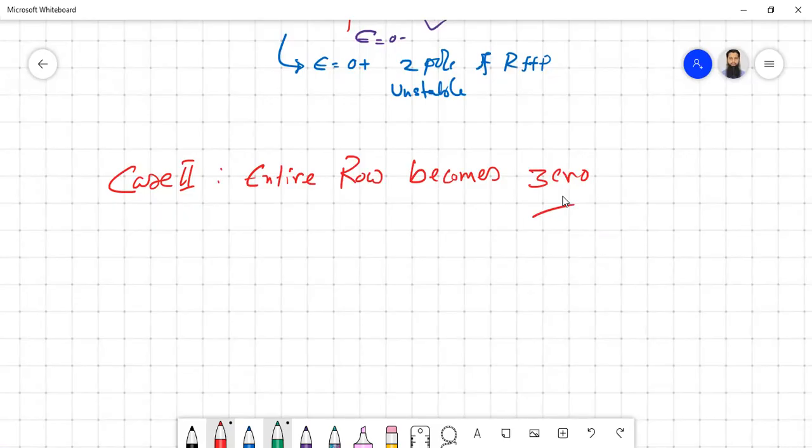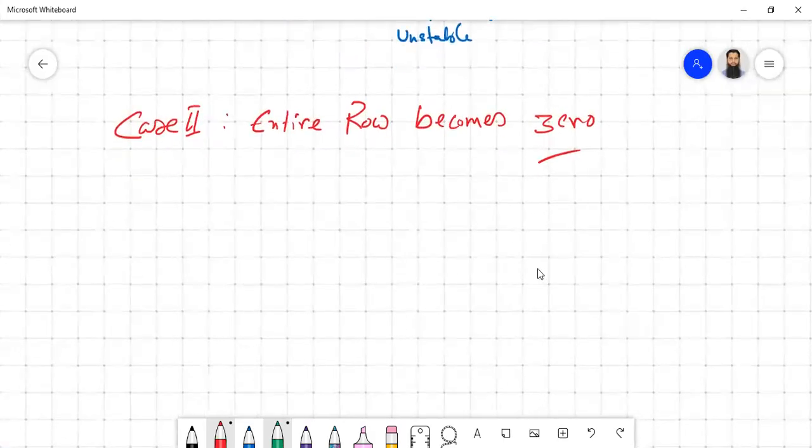Because the characteristic polynomial that we have actually contains an even polynomial. Because of that even polynomial, one entire row can become 0. So let us go with one example, then we'll illustrate a bit about the even polynomial and the possible solutions that we have.